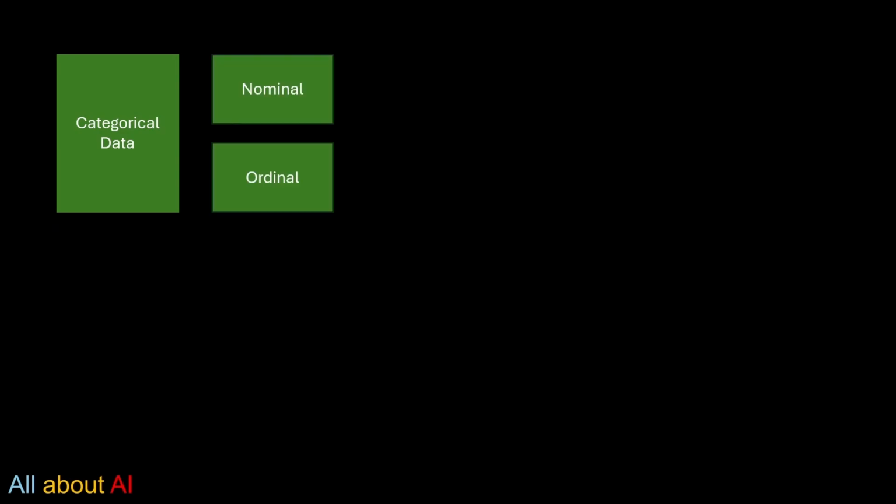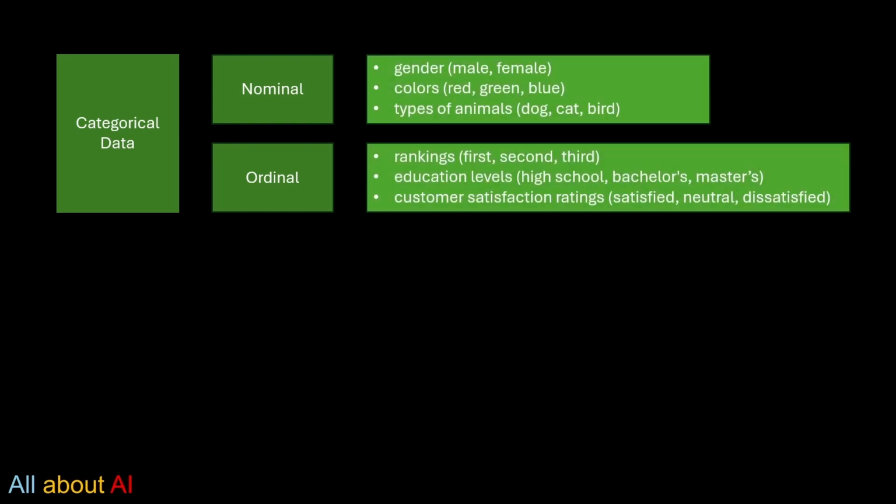There is another crucial category, categorical data. Categorical data comes in two flavors, nominal data and ordinal data. When data has no hierarchy or sequence or pattern, then it's nominal data, like say gender, male, female, colors, red, green, blue.